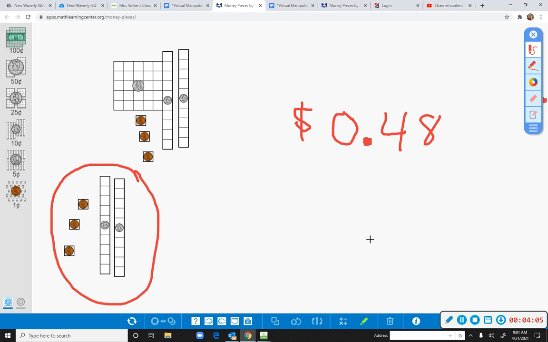Okay, so now I want you to tell me what this would equal if I have 48 cents up here that we already found, and let's just say Aaliyah finds this amount on the floor, 2 dimes and 3 pennies. How much money does she have now? Okay, I want you to show your work. So when I come around, I don't want you to just have an answer. You need to show me.